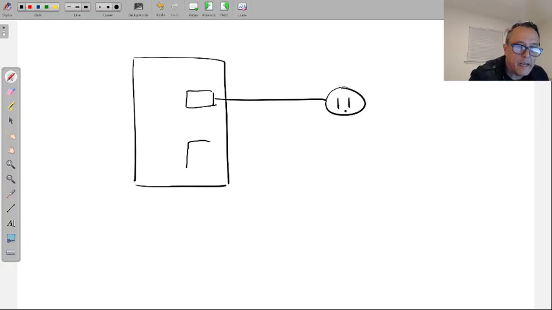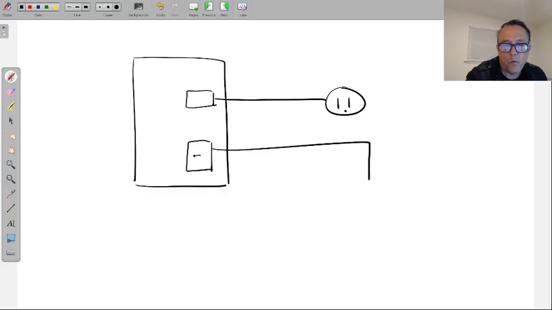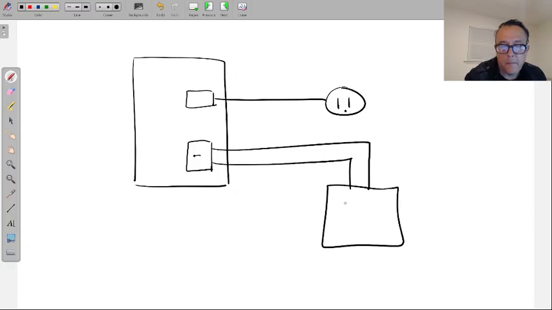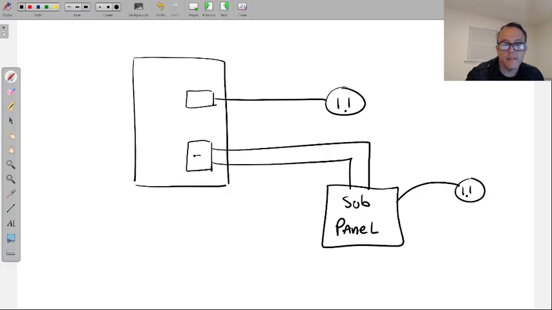Sometimes inside this panel, there could be a larger breaker that feeds some wires over to, let's say, a sub-panel inside the garage that takes care of the garage equipment, right? Has some outlets inside the garage.